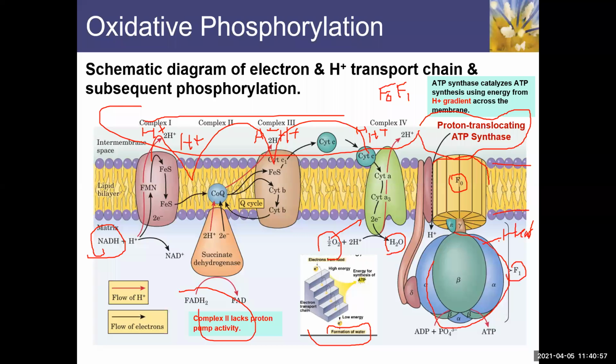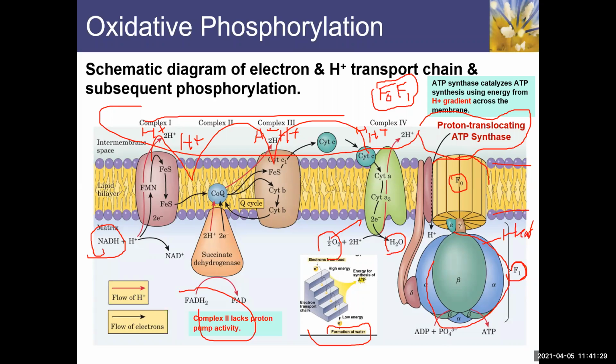So I said that we have a special enzyme called ATPase synthetase. That enzyme has a portion which lies within the membrane, which is the F0 membrane portion. And then it also has a portion which goes out of the membrane, an extra membrane domain, which is called F1. So that is why the ATPase synthetase enzyme is sometimes called F0 F1.